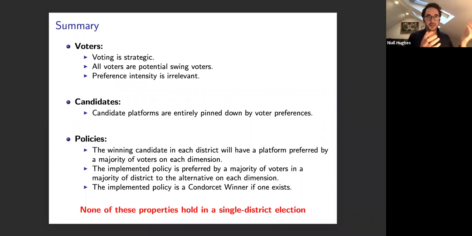So the larger the size becomes, the more realistic that assumption becomes. And if we drop that assumption and say they do take account of double pivotal events, then I'm pretty sure the welfare results are not going to go through.